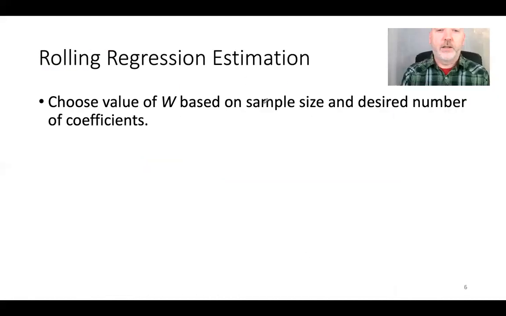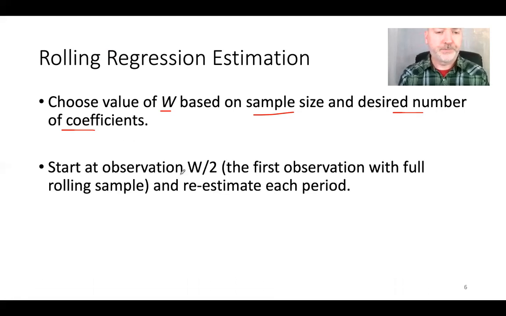Like I just said, the choice of W will be based on your sample size and how many coefficients you want to estimate. Between 30 and 100 is a good rule of thumb.